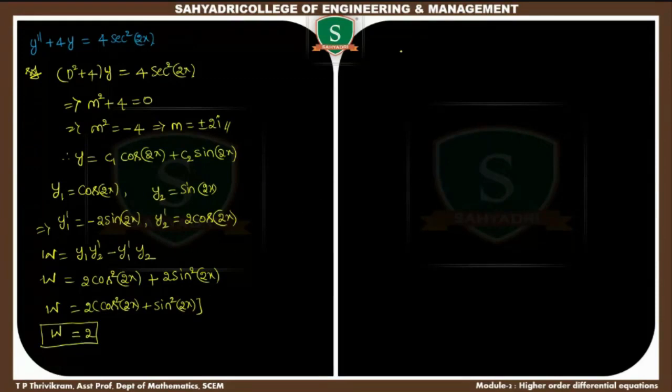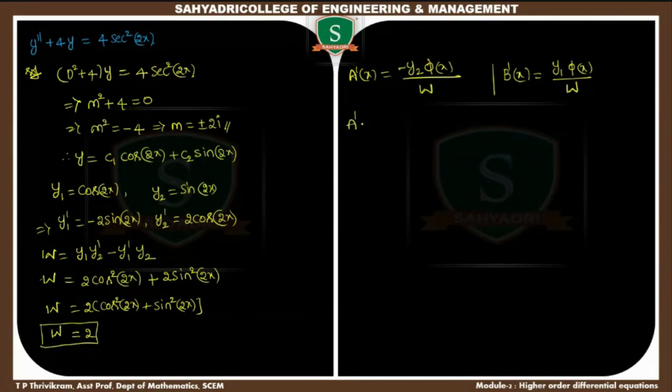Fine. So therefore, a dash of x is equal to how much? Minus y2 phi of x divided by the Wronskian. b dash of x is equal to y1 phi of x divided by the Wronskian. So what happens?